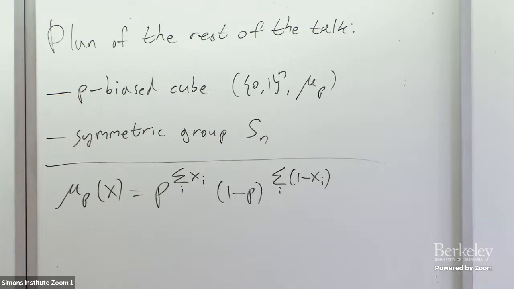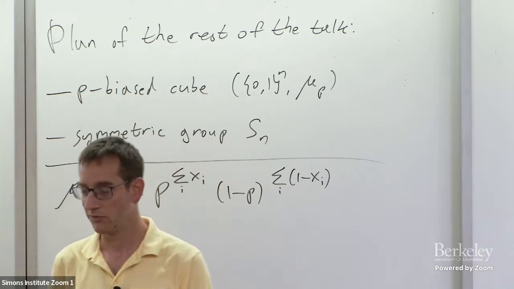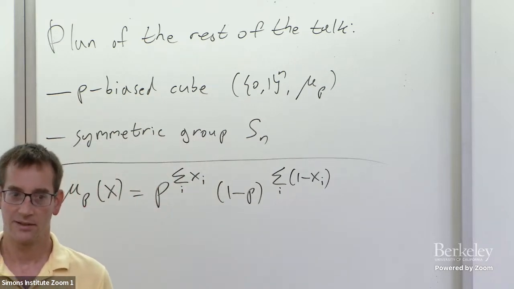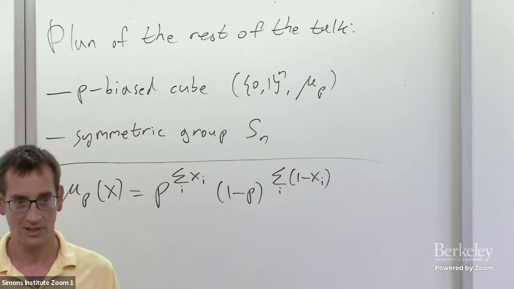Or maybe there's even a reduction, this Nathan Keller business. But when p is small, then we see phenomena that we don't see for constant p. For example, this sharp threshold business: when p is not small, the corresponding structure is a junta, and when p is small, then it's a lot more elaborate. And that's what we're going to see here as well.